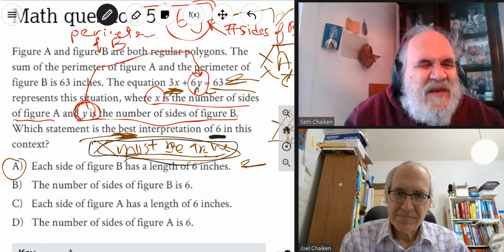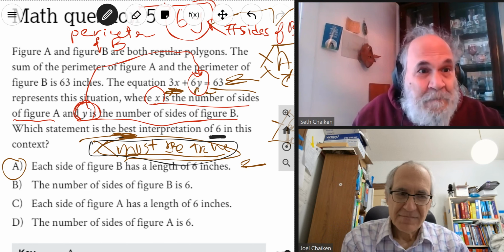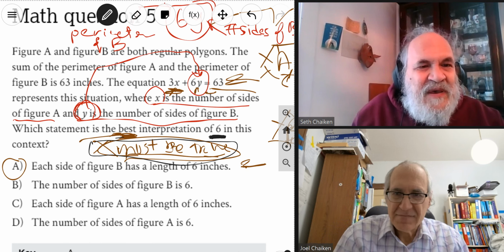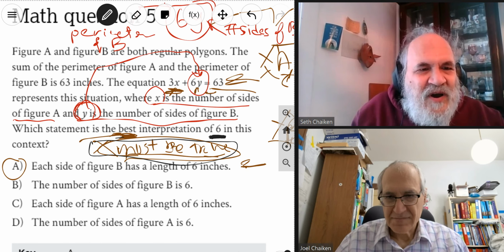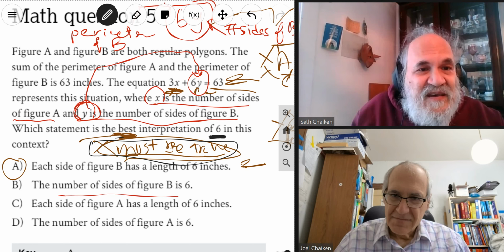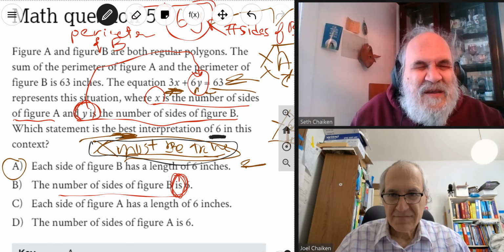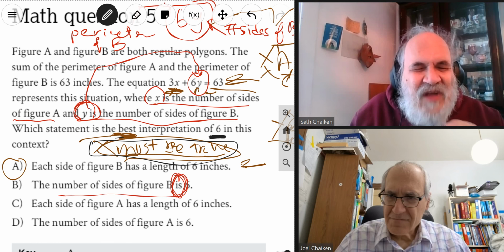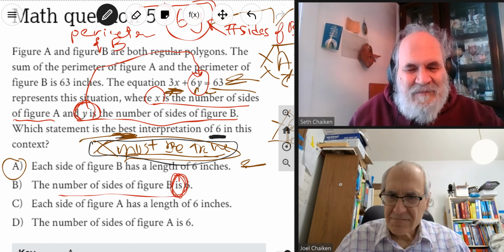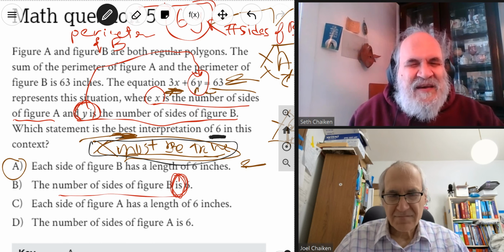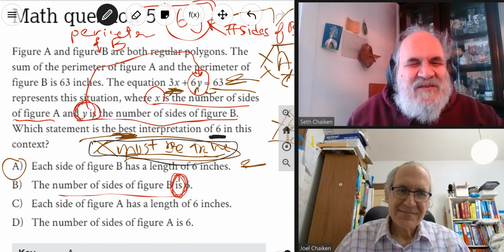So the thing is, the statement B, the number of sides in figure B is 6. Well, to say this number is 6 is different from saying that this number might be 6.